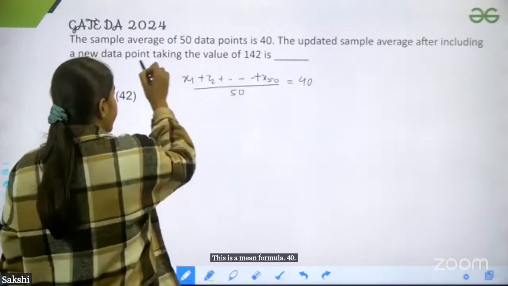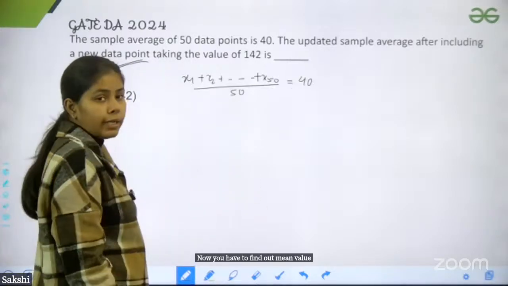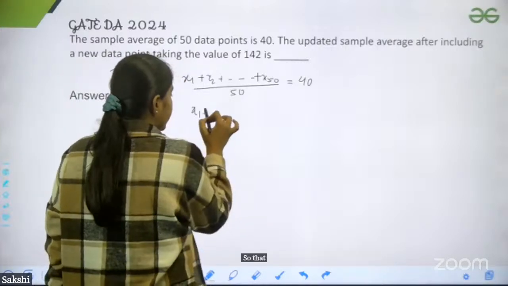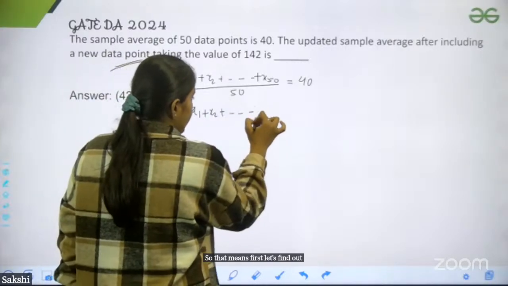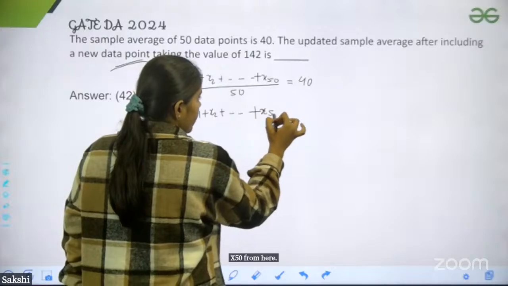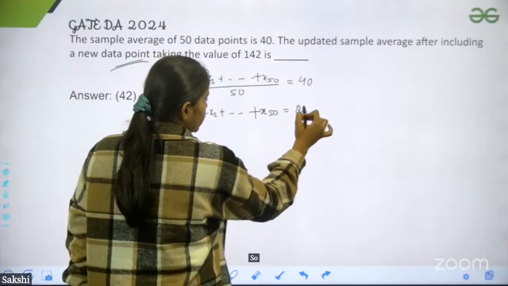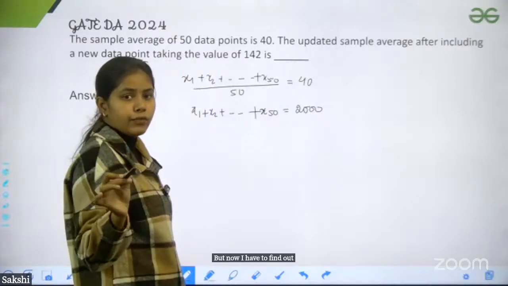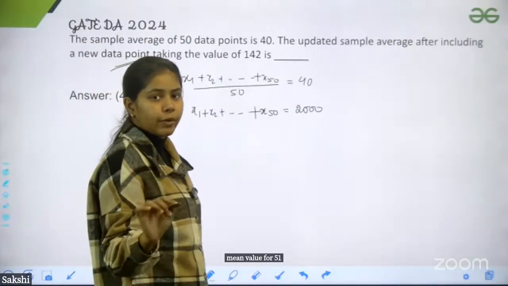Now you have to find the mean value for 51 data points, with 142 included as well. First let's find x1 plus x2 plus up to x50 from here. It would become 2000, right? But now I have to find the mean for 51 data points, and the 51st data point is 142.